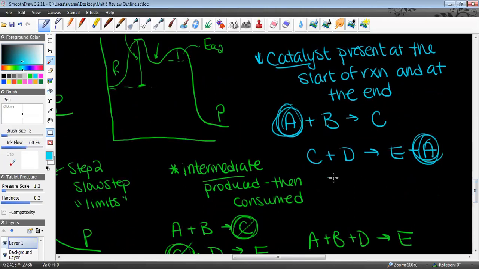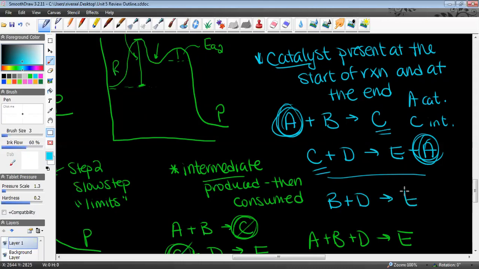It's present at the beginning and it's present at the end, but it would not be present overall in the reaction. So in this case, A is the catalyst and C is the intermediate. It's getting produced and then consumed. So that would cancel as well. So here my overall reaction would be B plus D making E.